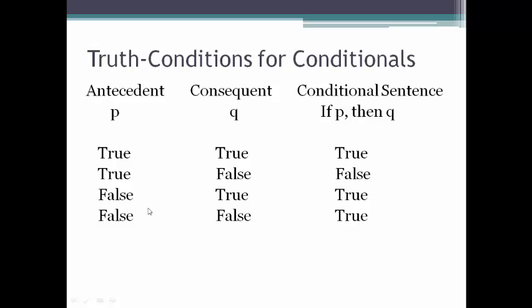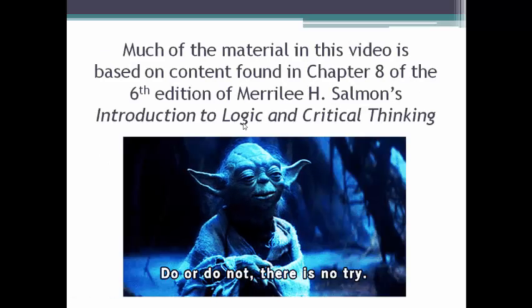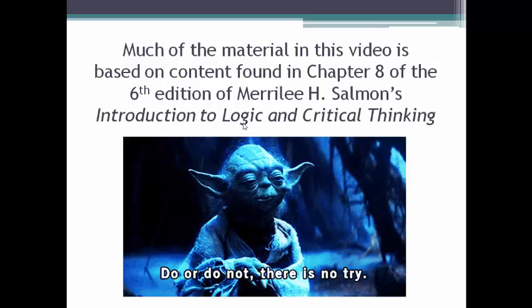But you're not going to have to worry about these bottom 2 so much. The big important takeaway is the only time a conditional sentence is false is when the antecedent is true and the consequent is false. And that'll be relevant in the next video, where we'll be looking at some arguments that feature conditionals.